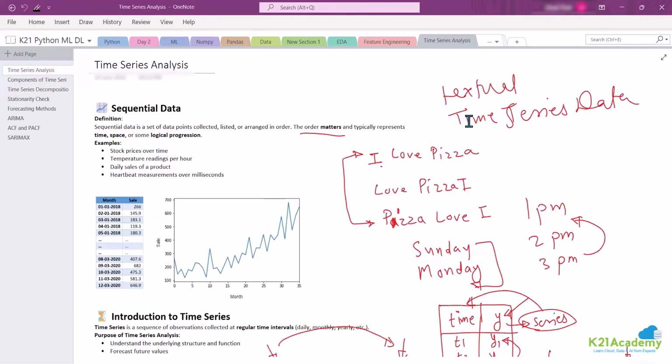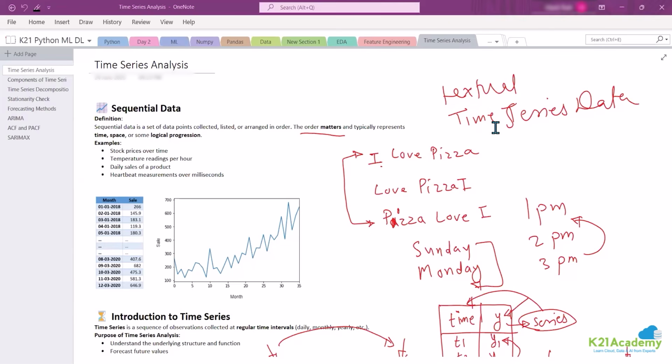Data points which are collected, listed, or arranged in order, where the order matters, are called sequential data. If we distort the order of that data, no meaning remains. There are two types of sequential data: textual data and time series data.